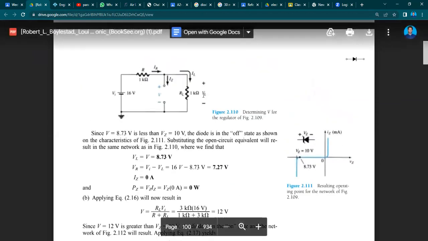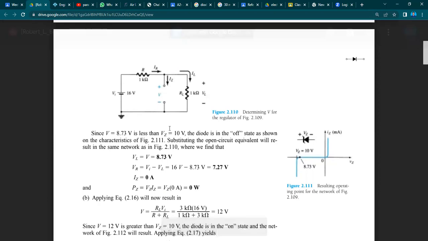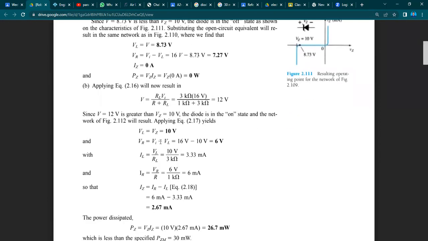The voltage here would be the same as this voltage. It means that the voltage across that Zener diode is also 12 volts, which is greater than the breakdown voltage of that diode.